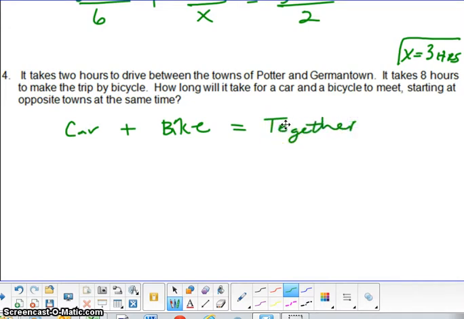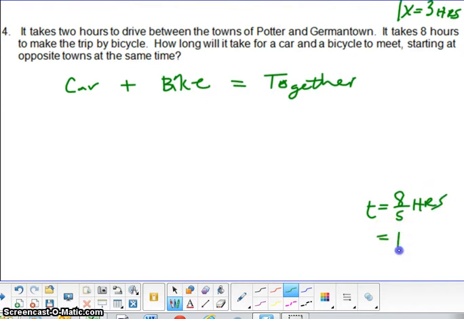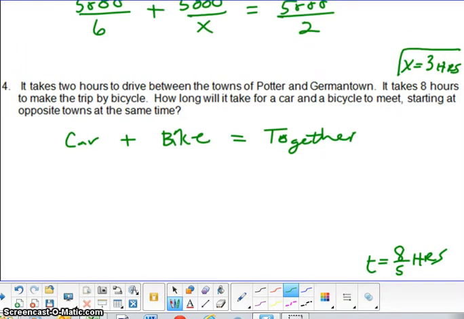You would put the fractions underneath there and solve, and see if you can get t, or time, whatever your variable is, 8/5 of an hour, or 8/5 hours, which would be 1 3/5 hours. See if you can get that as your answer. We'll talk about that tomorrow.